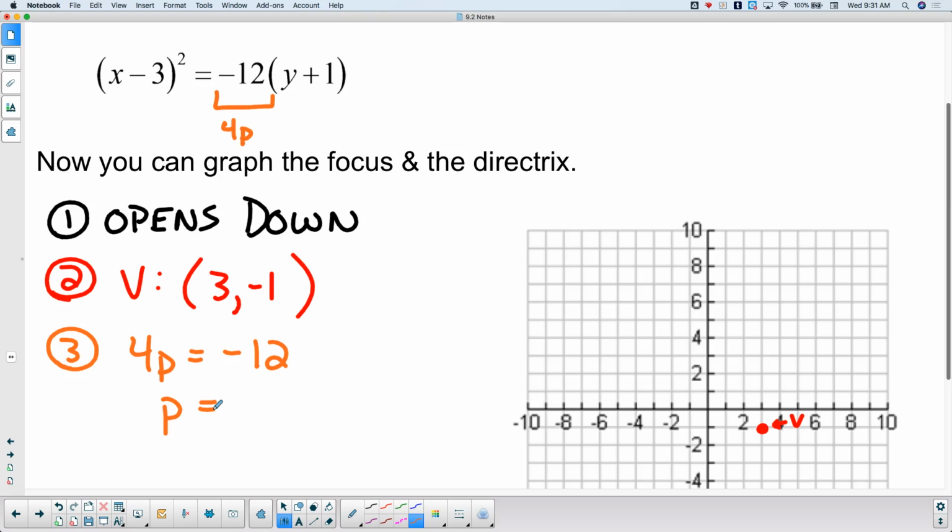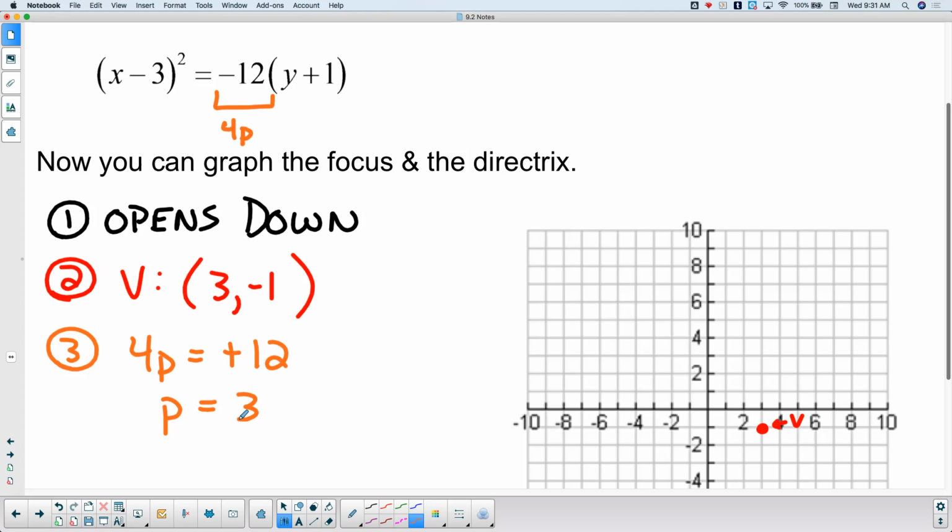What is p again? Oh, you can't have a negative distance. Because it's a distance. So we drop the negative sign. We don't care about the negative sign. So p really is 3. It's positive because it's a distance. P is a distance. Okay?